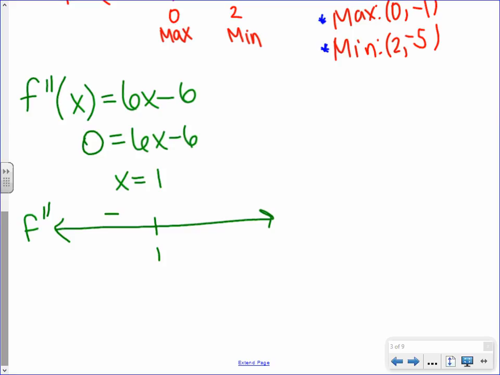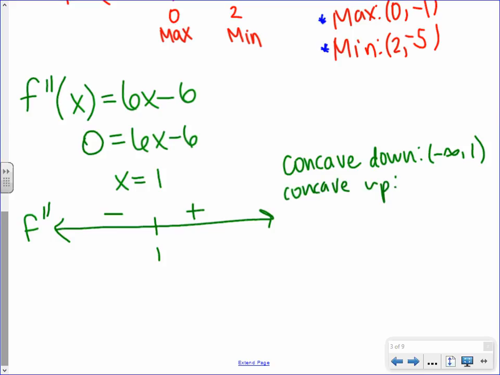Negative. And how about to the right? Good. So Gina, if our second derivative is negative, what does that tell us about our function? Good. We are concave down from negative infinity to 1 and concave up from 1 to infinity. Since we have a change in concavity, Larry, what's happening at x is 1?